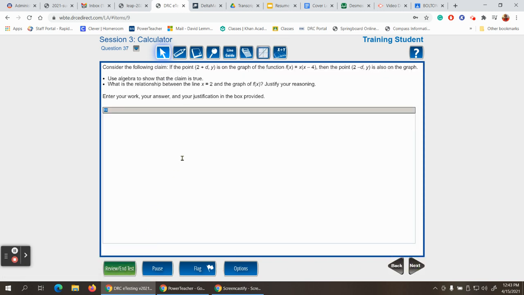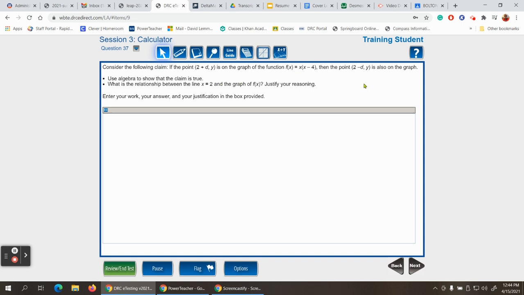Okay, so here we go. Word problem. Consider the claim: if the point (2 plus d, y) is on the graph of the function f of x equals x times (x minus 4), then the point (2 minus d, y) is also on the graph. Use algebra to show that this claim is true.